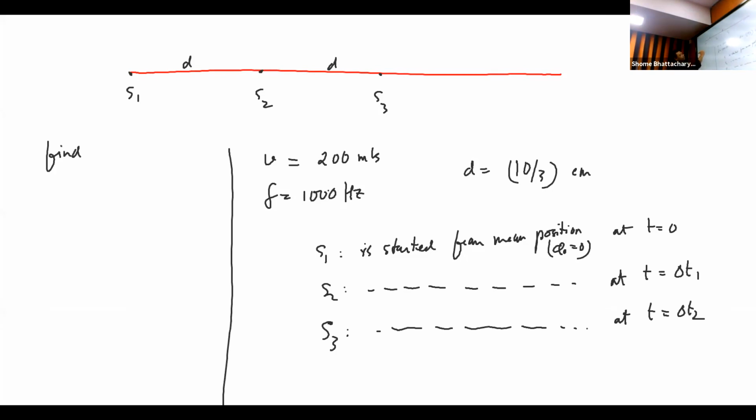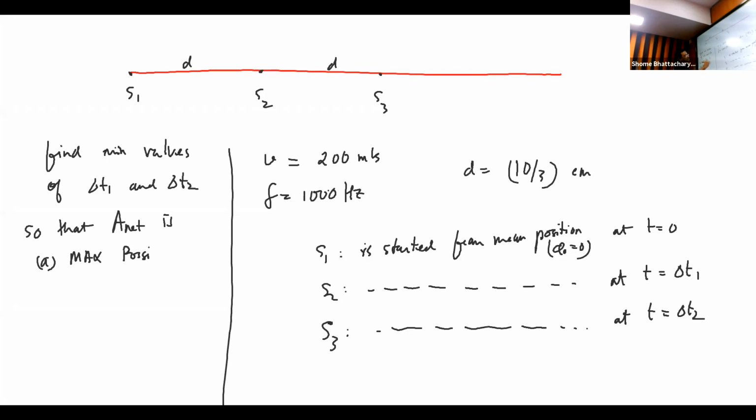We have to find the minimum values of both Δt1 and Δt2 so that the net amplitude is the maximum possible value, and also the minimum possible value.